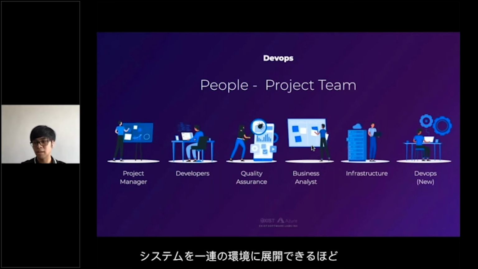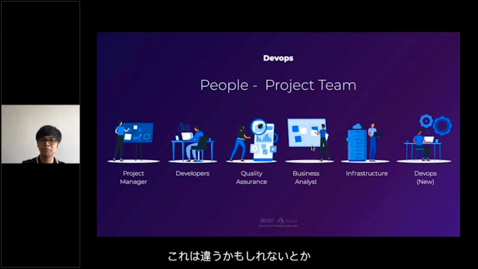So the more that we can actually propagate the system into these different sets of environments, the easier for our users to see, hey, we might be doing this one wrong. There might be some adjustments here. So the overall output actually improves.